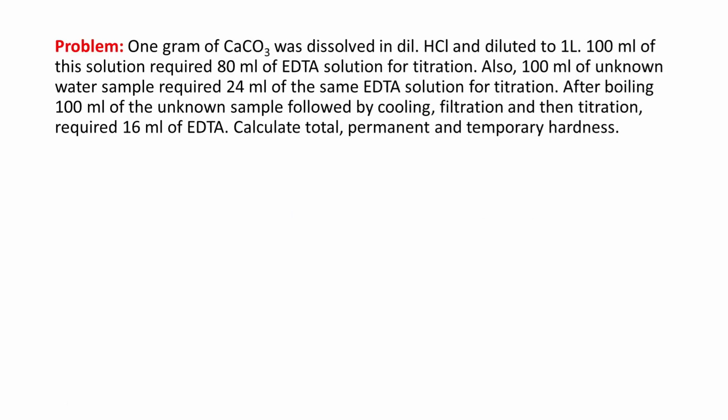Problem: 1 gram of calcium carbonate was dissolved in dilute HCl and diluted to 1 liter. 100 ml of this solution required 80 ml of EDTA solution for titration. Also, 100 ml of unknown water sample required 24 ml of the same EDTA solution for titration.